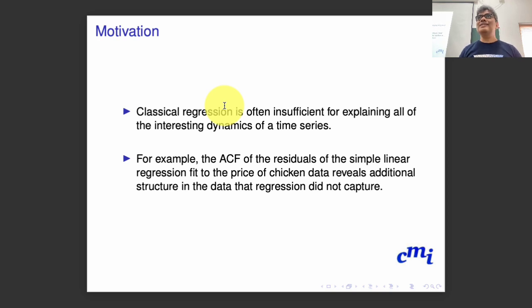An ACF plot is telling us, no boss, your residuals are actually correlated. If the residuals are actually correlated, you are leaving huge information out by making a very strong assumption that your residuals are independent or not correlated.